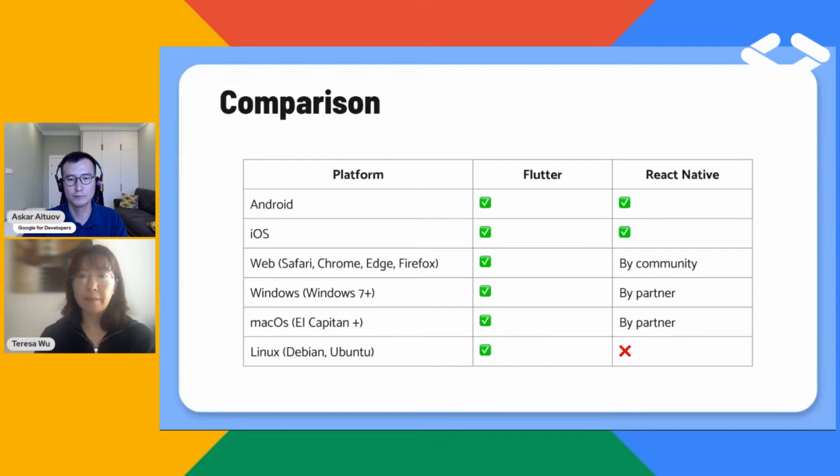A bit of comparison before we dive in. Flutter and React Native are probably the most popular cross-platform frameworks. In terms of Flutter, it does support all the platforms, as you can see: Android, iOS, the web, Windows, macOS and Linux.